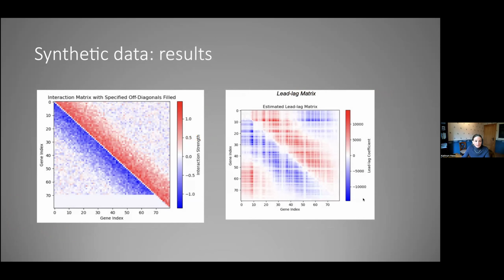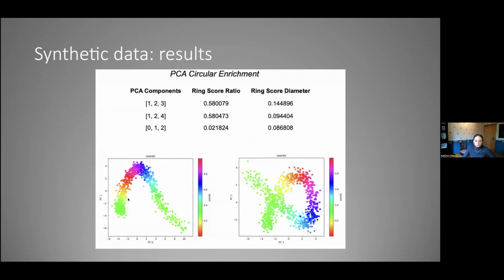So first, we start looking at the results. We see here on the left, the interaction matrix, which is really the ground truth. And then what we estimate from looking at the lead lag matrix, you can see that the estimate actually matches very nicely with the underlying real data. We could say, okay, that's good, but how about detection of circular structure?